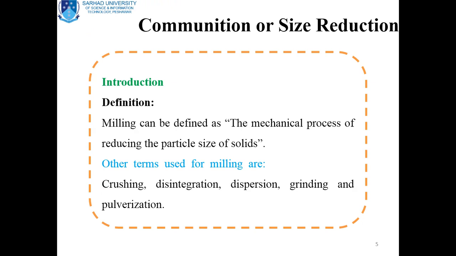Comminution, which is also termed as milling, can be defined as the mechanical process of reducing the particle size of solids. Certain other terms which are used for the process of milling are comminution or size reduction, including crushing, disintegration, dispersion, grinding, and pulverization. These are the other terms which are used for the process of particle size reduction of solid material.